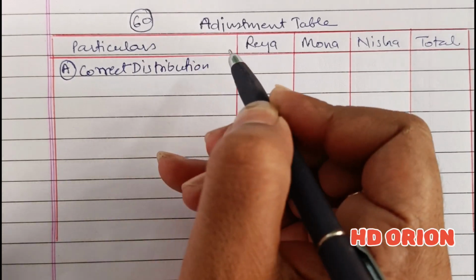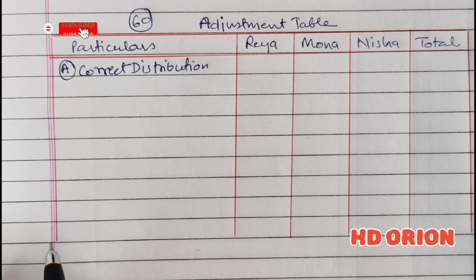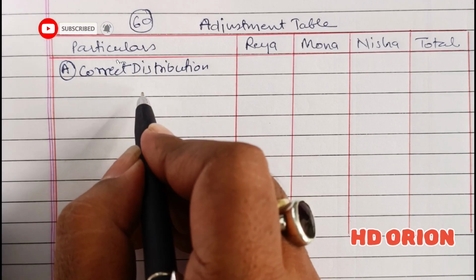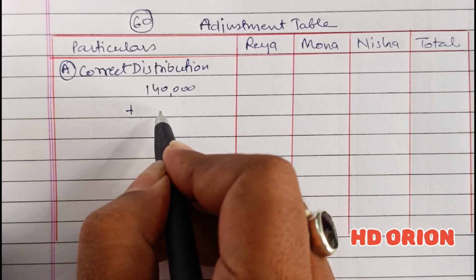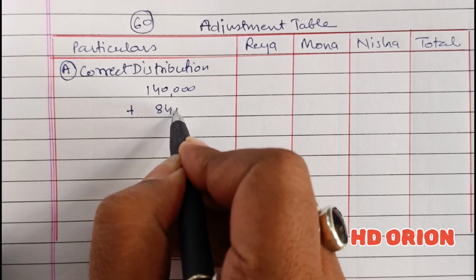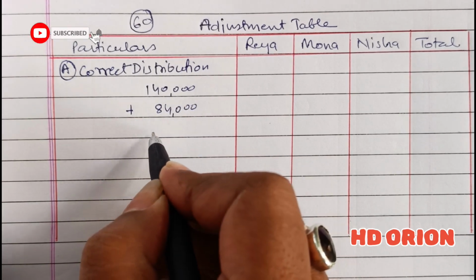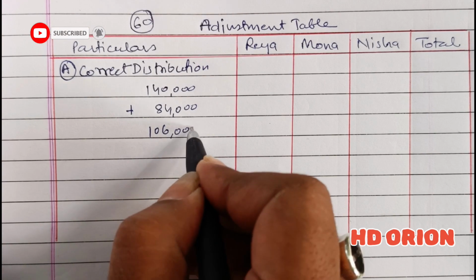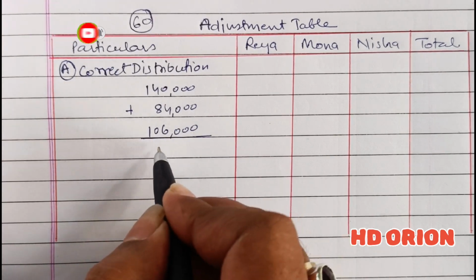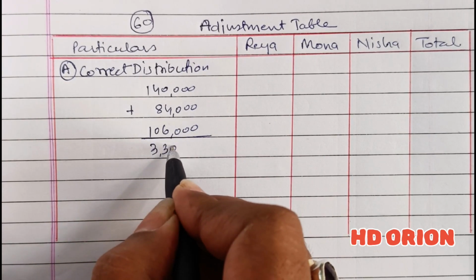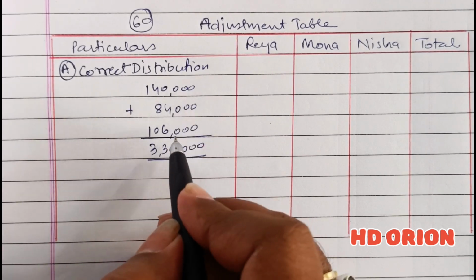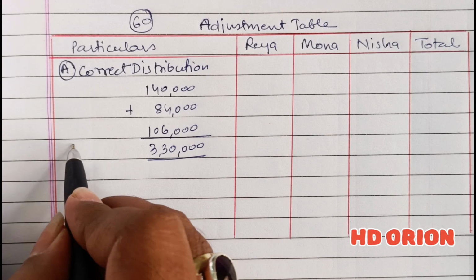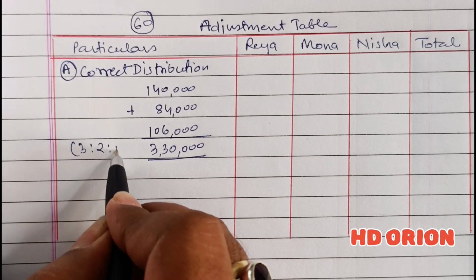In correct distribution, the 3 years' profit, that is 1,40,000 plus 84,000 and 1,06,000, grand total of which is 3,30,000. Now all these profits are to be given to them in the ratio 3:2:1.